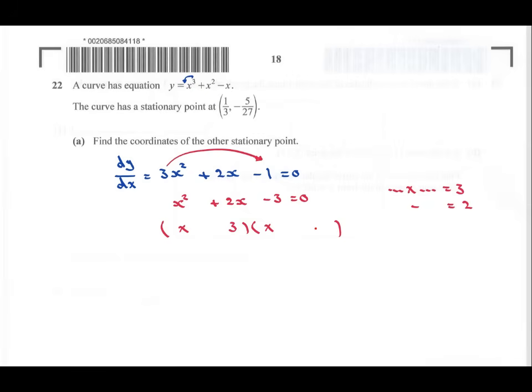Yes, I can hear you saying 3 and 1. Positive 3 and negative 1. Now, don't forget that we have to divide these answers by 3 because we multiplied by 3 at first. So (x plus 1)(3x minus 1) is equal to 0.